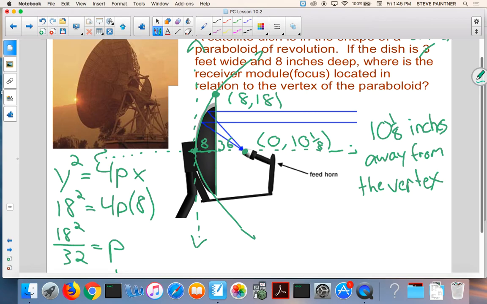The key thing with these applied problems, put your xy axis at an easy spot. Want your vertex to be at 0, 0. Makes it easier. Alright. Focus point, reverse it. Oh, right, that should be 10 and 1/8, 0. My bad.